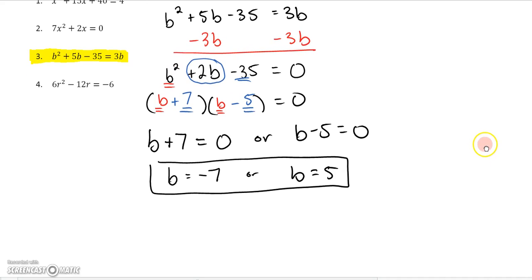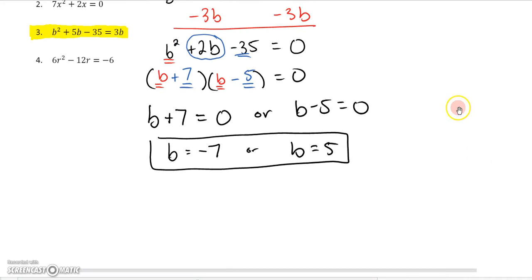I just want to show you guys that. Let's actually do that just for funsies. That's your answer, but let me just show you that these are in fact true solutions. So if I plugged in negative 7 or 5, let's plug in negative 7 for b into our original quadratic, you will get a true statement.